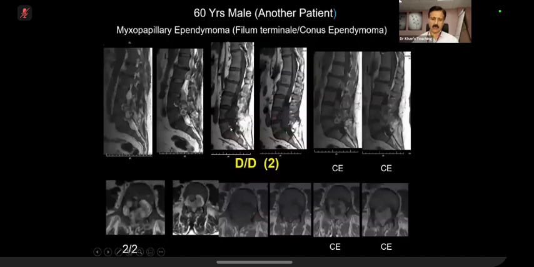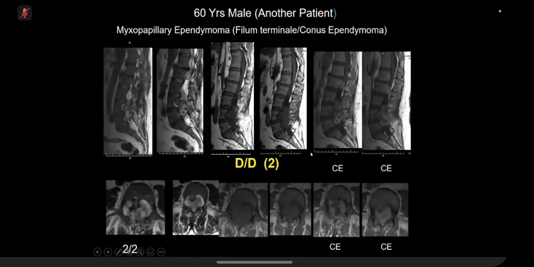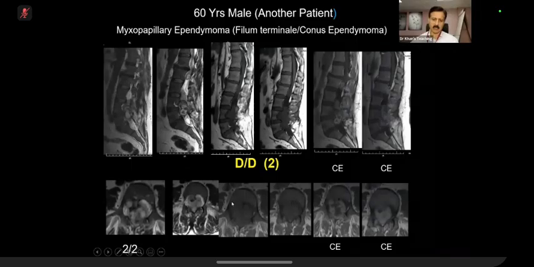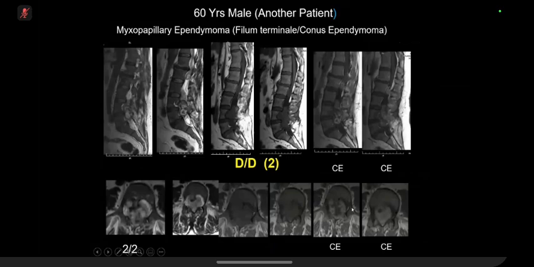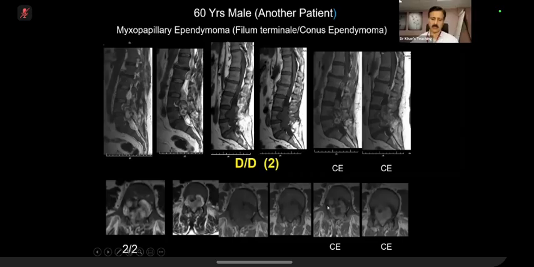And if you go back to this case and see what happened on that plain film, this is one pedicle, this is the second pedicle. So the tumor, because it is long-standing, is causing scalloping here, and similarly it is causing pressure effects on the pedicles. So the pedicles will be narrowed, and the interpedicular distance will be increased.